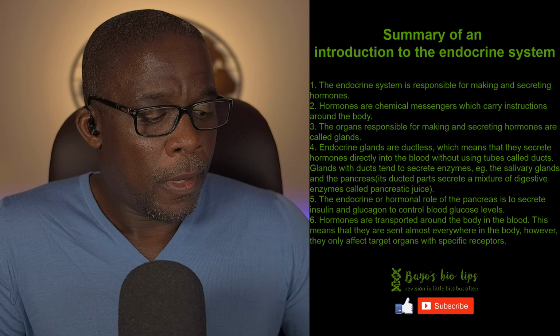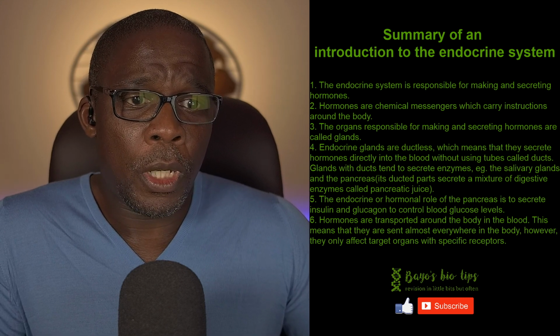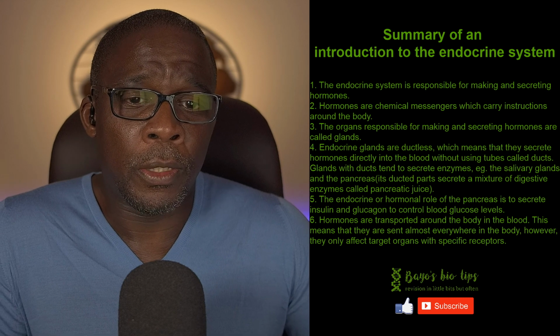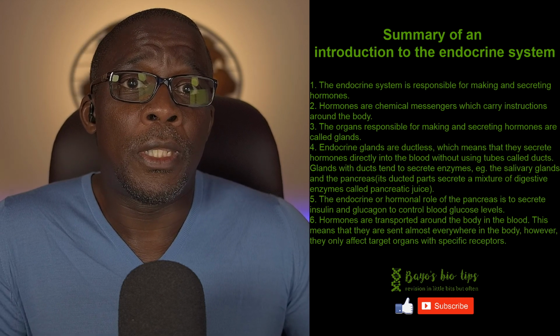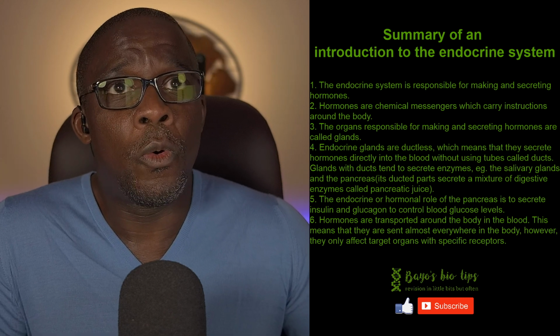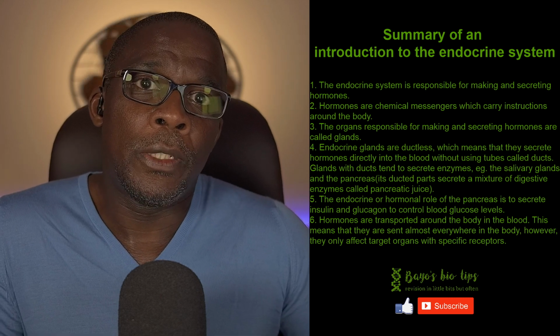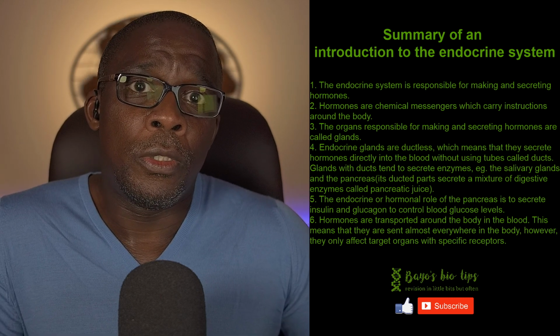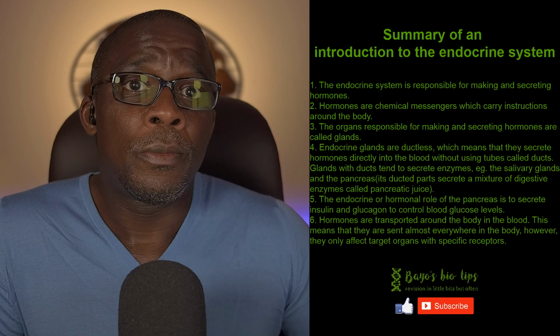Okay, so next we talked about the endocrine glands being ductless. That means they release hormones directly into the blood, unlike the exocrine glands, which use tiny tubes called ducts to release enzymes.